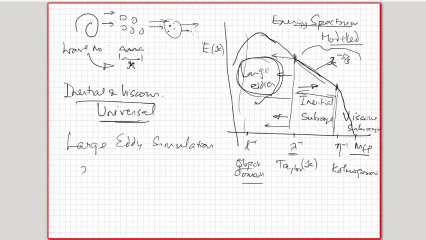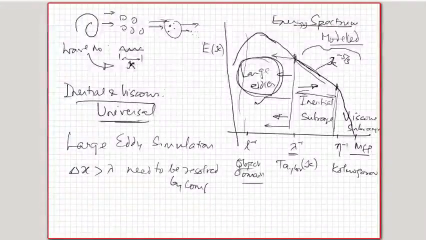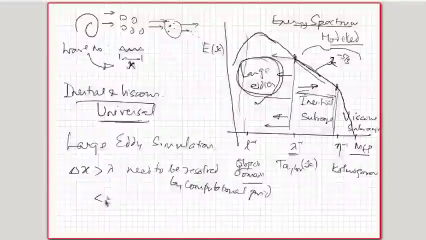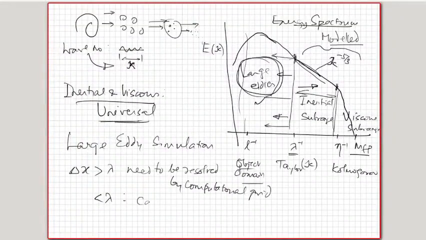That is, x or delta x larger than lambda need to be resolved by the computational grid, and less than this can be modeled. So you have a grid size which is comparable to lambda. Okay, I'll tell you what that lambda is.